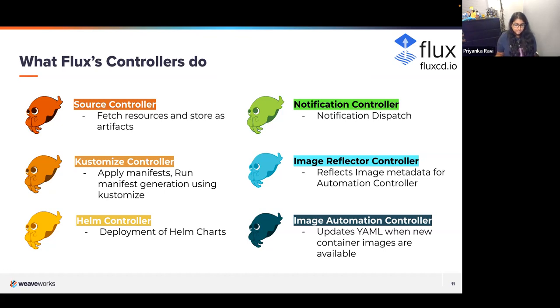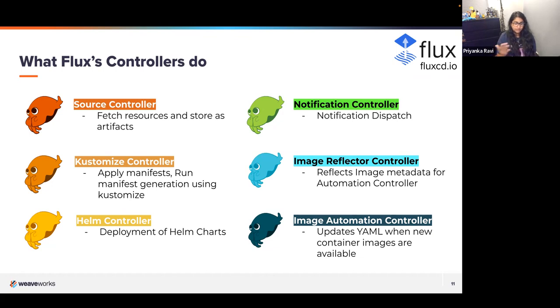So the reason it's called the Kustomize controller, because I know this can be a little confusing, is because it's actually using Kustomize in the background. So if you have a kustomization.yaml in your folder that you're pointing to, it will by default pick that one up and apply whatever you've set in there.